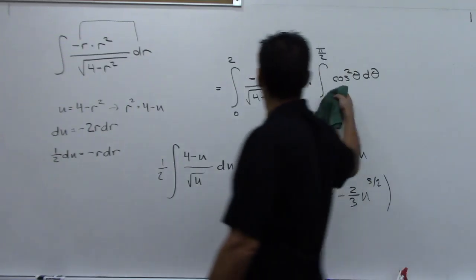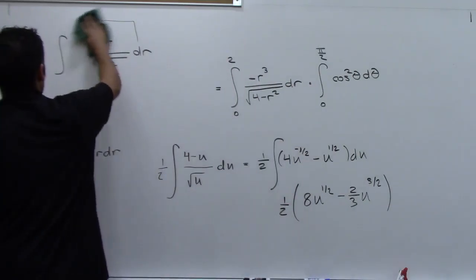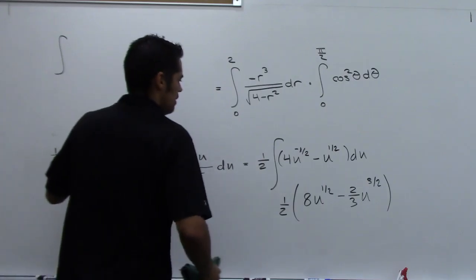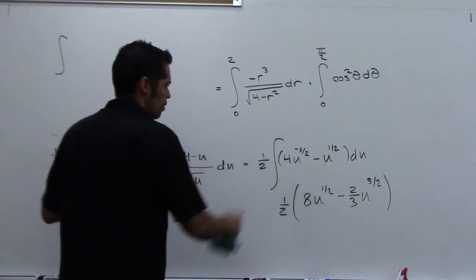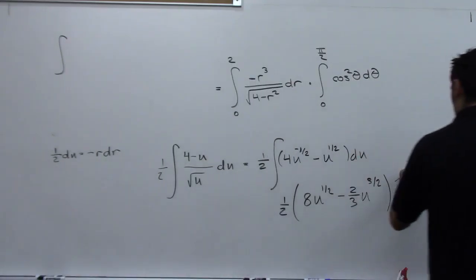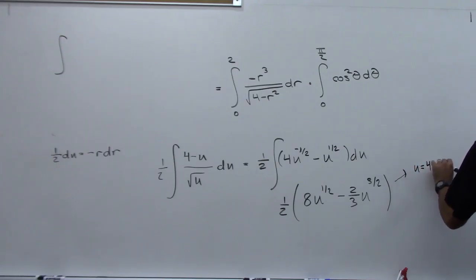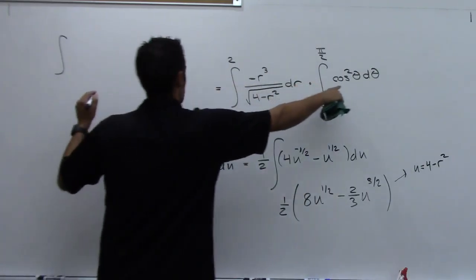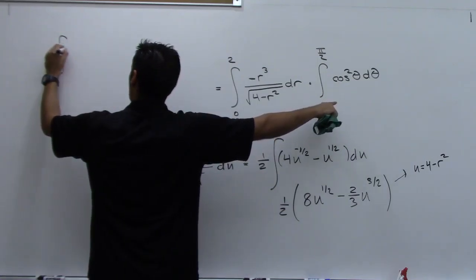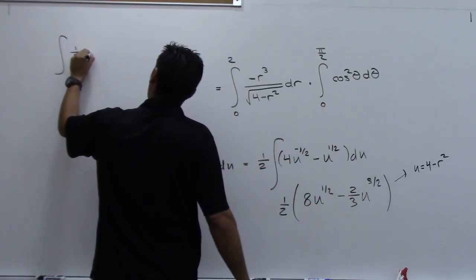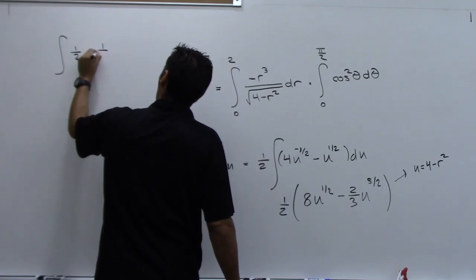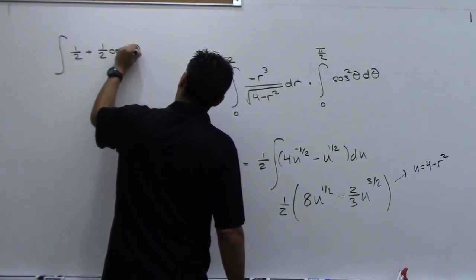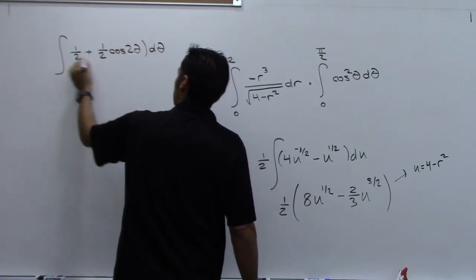Now, for this one, I'm going to look at that one. Just remember what u was here when we switch back. U was equal to 4 minus r squared. Okay. So for this integral, cosine squared, I'm going to rewrite that as 1/2 plus 1/2 cosine 2 theta. It's just a pre-cal identity there.